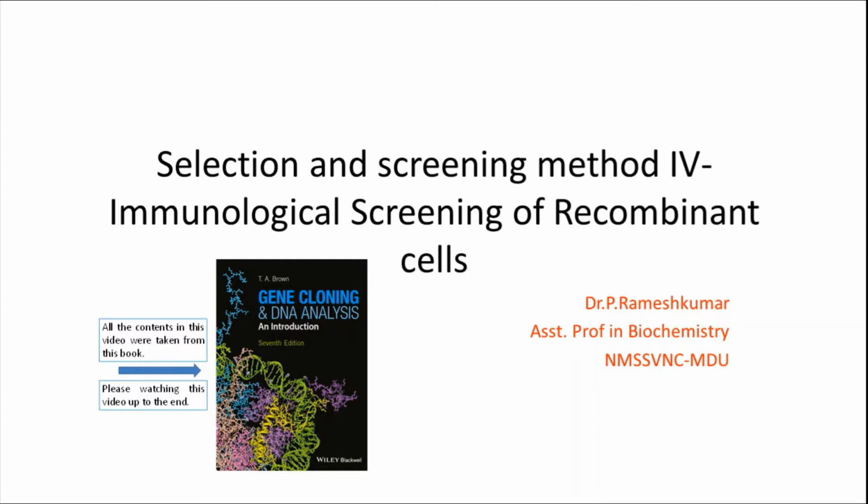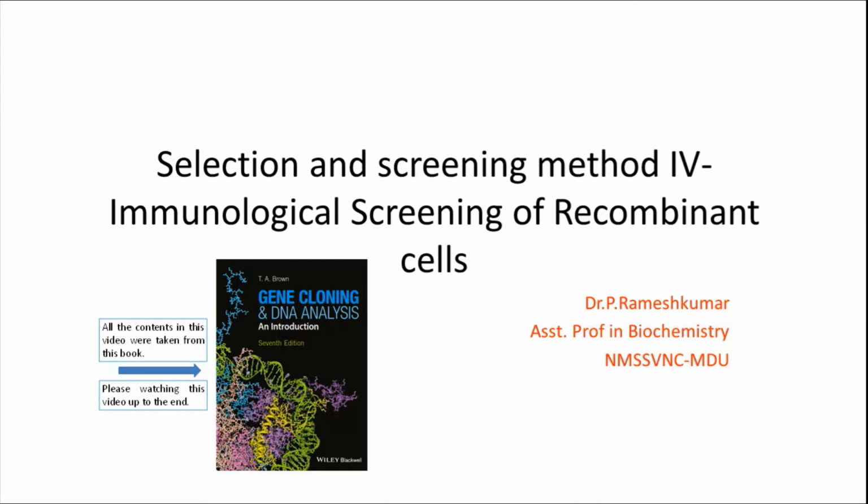Now we move on to a very famous technique called the immunological screening of recombinant cells. I think you have a lot of knowledge in immunology. Anyway, I will try to explain.